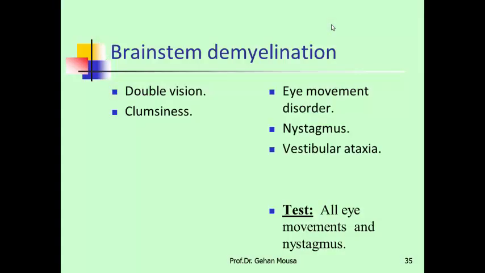Brainstem demyelination may result in one or more lesions of the nuclei of cranial nerves that are distributed along the brainstem from the midbrain and pons to the medulla.